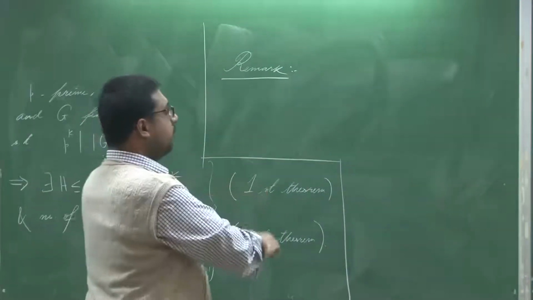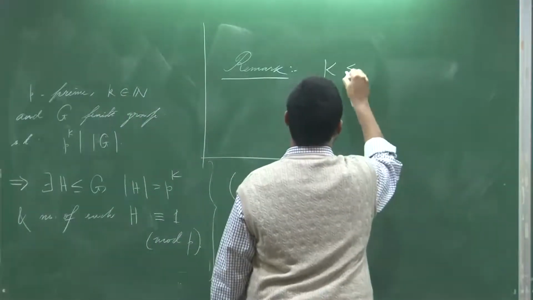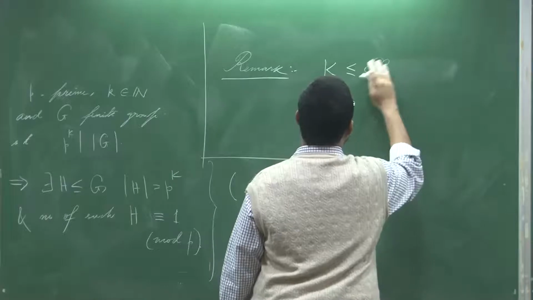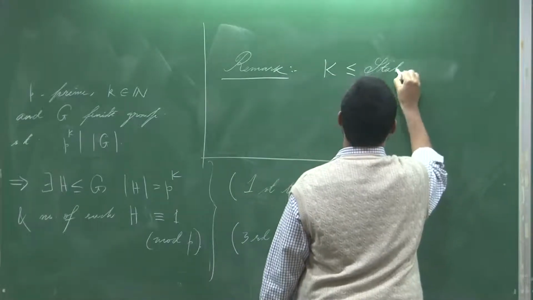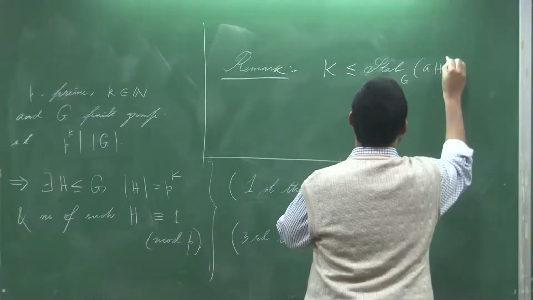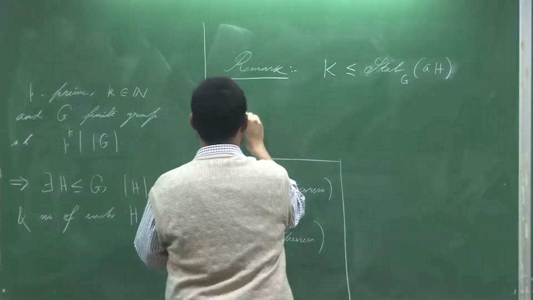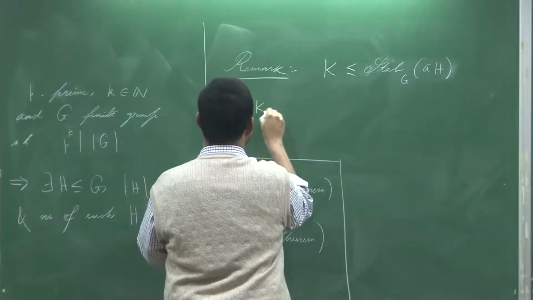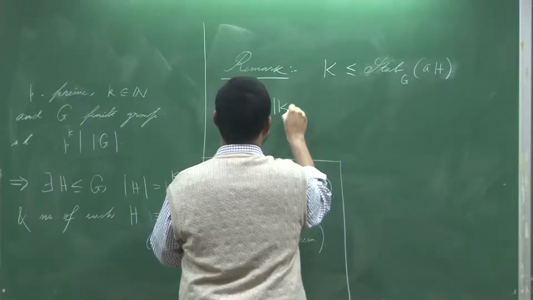Okay. So, in the proof of the second theorem, what we obtained is that K is a stabilizer of some H, and K is contained inside H, with both H and K having the maximum order.